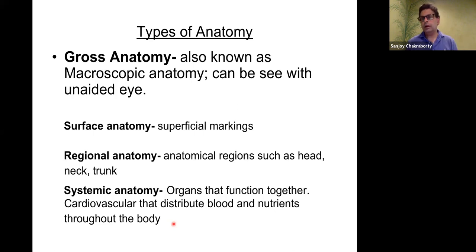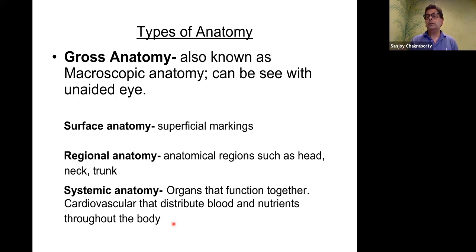There are more, as I said, you don't need to know those details right now. For example, just to give you an idea, developmental anatomy, meaning when you're born and right now we are not the same, our anatomical structure changes. Even if you go back into the mother's body, embryological anatomy or fetal anatomy means the changes in there.